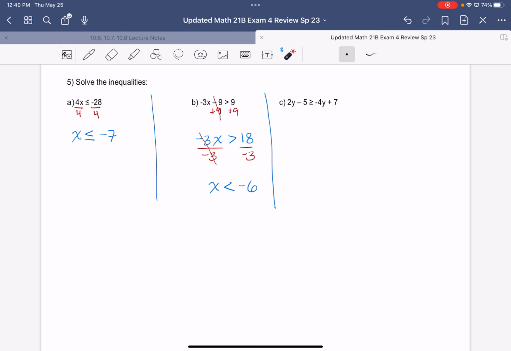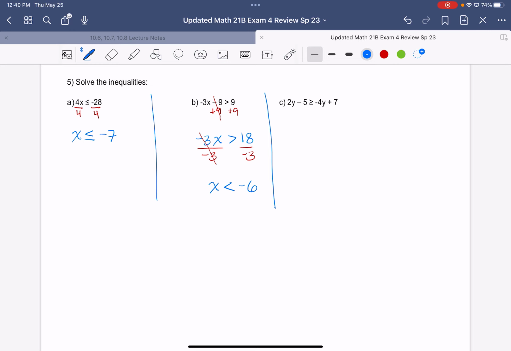No. And technically, it doesn't matter what side you get it on here either. But my recommendation is to always get your variable to the left-hand side. You don't have to, but I find students are less likely to make an error in interpreting when they do so.